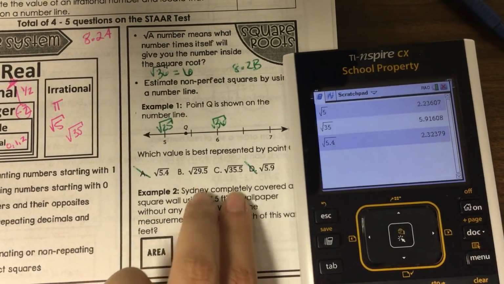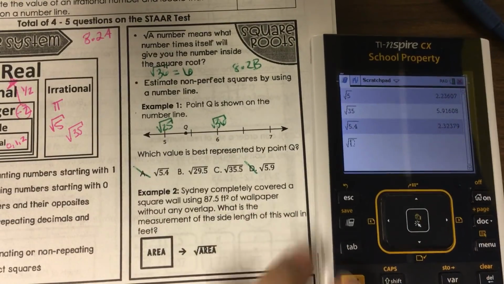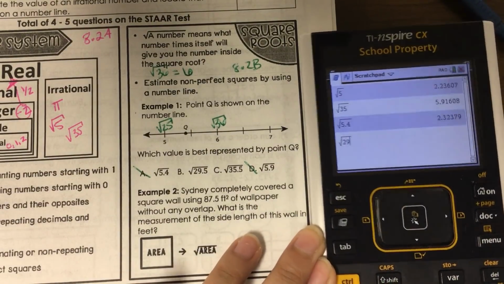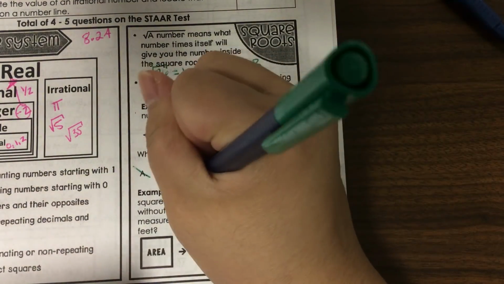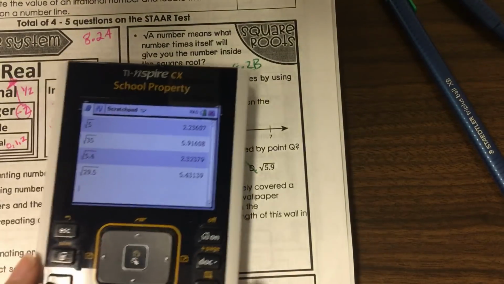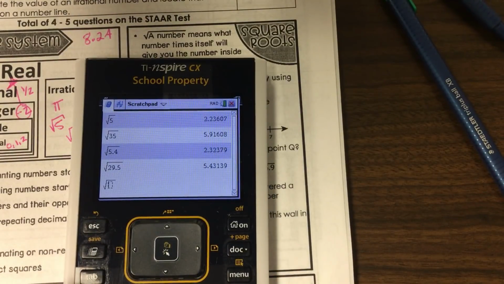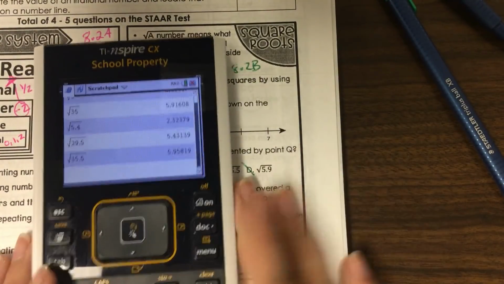But now that we have it down to these two, let's go ahead and check the square root of 29.5, 5.4, and then the square root of 35.5, 5.9.